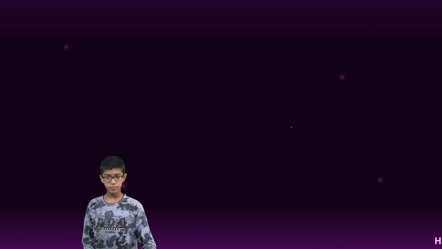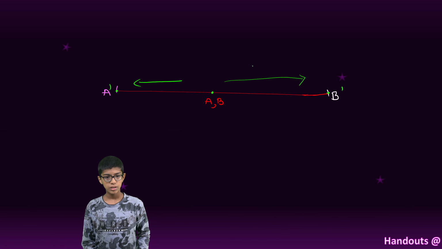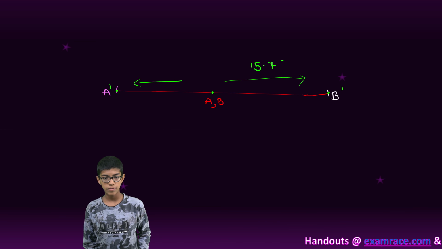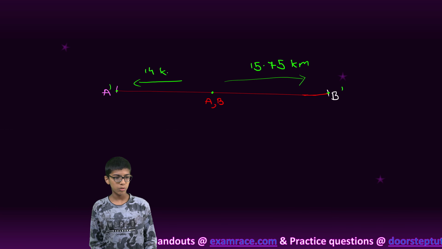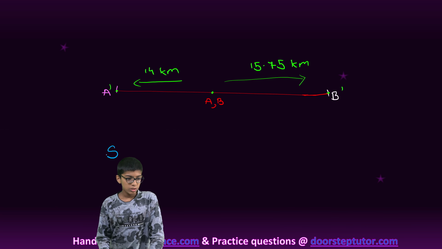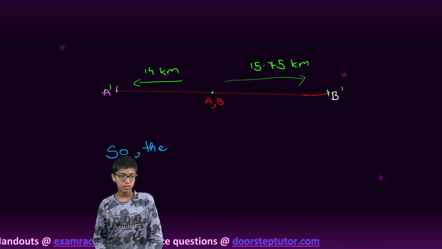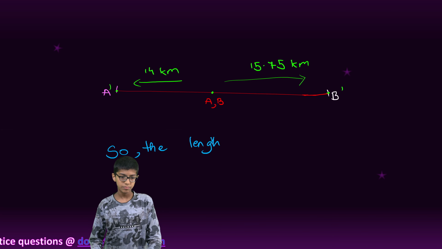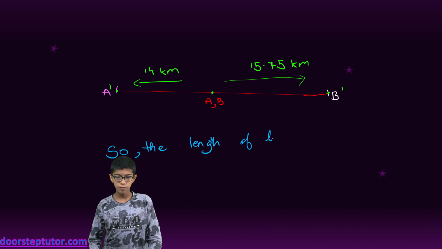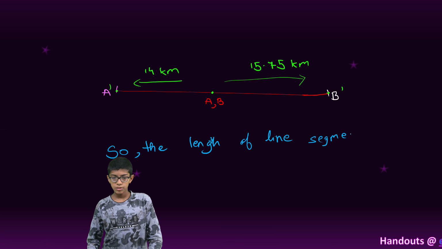So here we can mention the data. It is 15.75 kilometers and 14 kilometers. So the length of line segment AB. Why?